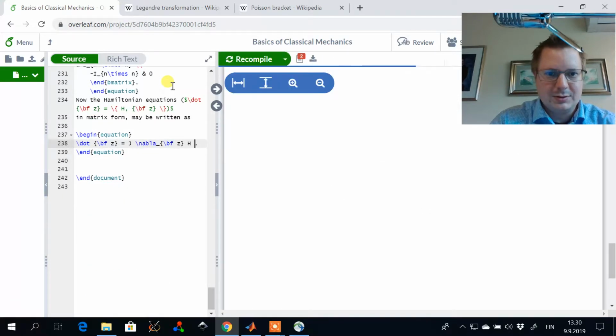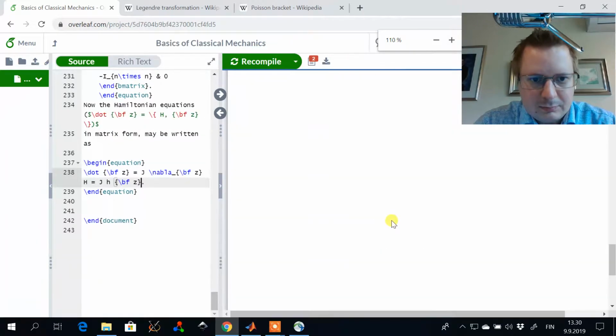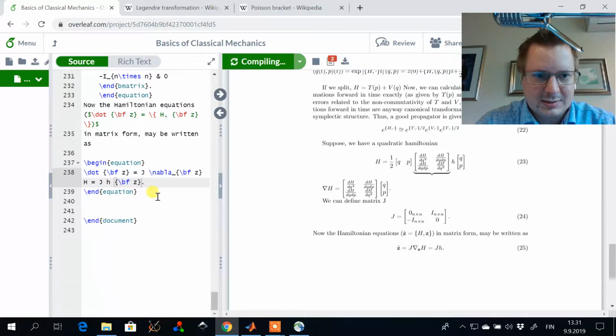So we can also say this, it's J times H Z. So there's the 1/2 term, so we take the partial derivative. So there's q and q, so that's q squared, and then 1/2 cancels, and so on. So that's that.